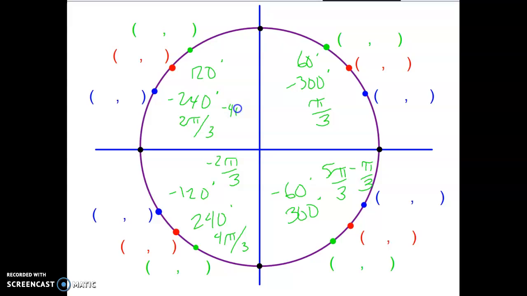That puts me at negative 4 pi over 3. And then right here, I'm pi over 3 away from 2 pi. 2 pi is 6 pi over 3. 1 pi away from that, negative 5 pi over 3. Okay, so there's all my green angles. Pause the video. Make sure you've got the positive and negative degrees and the positive and negative radians.